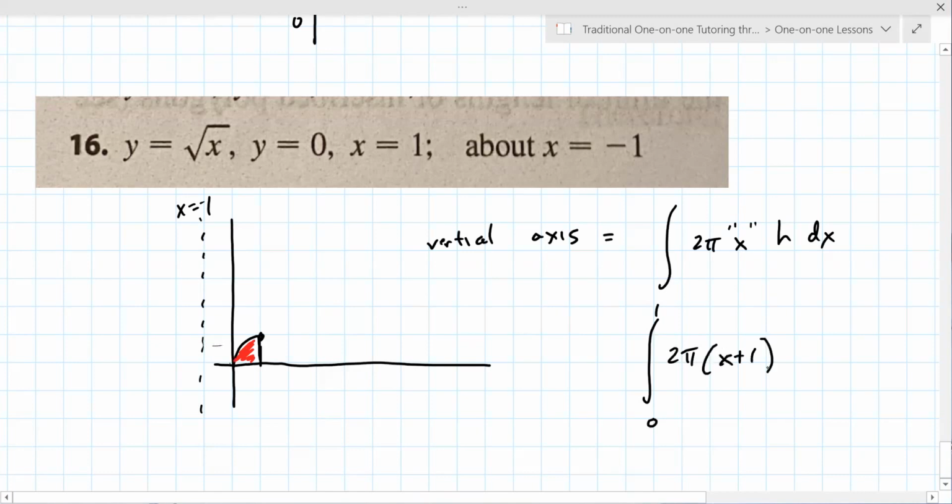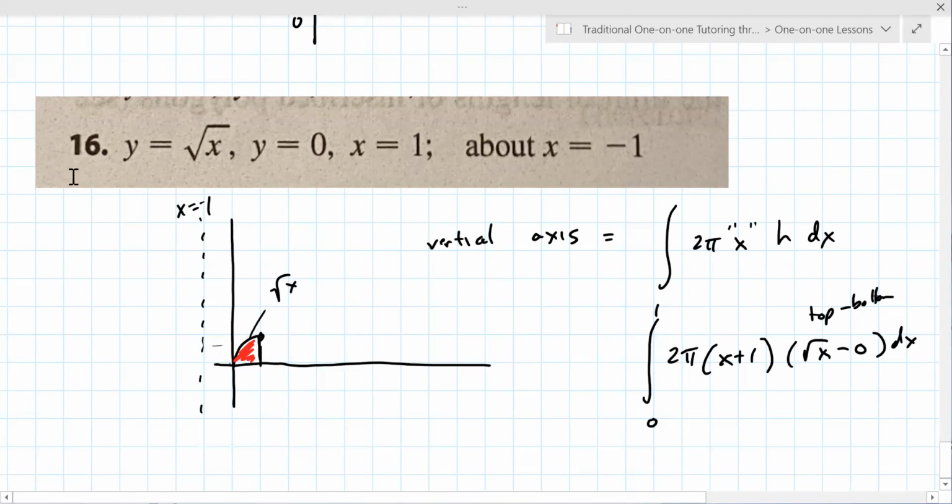Your height is top minus bottom. Your top is square root of x, your bottom is 0, so it's square root of x minus 0. Your limits of integration are always whatever that area is enclosed by. It has nothing to do with this other number.